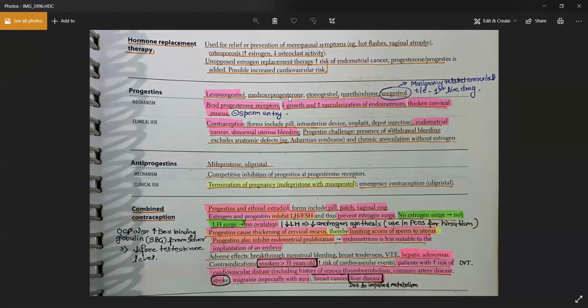You can remember these names by remembering the gestrels, gestrones, and the gestrol. Gestrels are levonorgestrel and etonogestrel. Gestrones are the medroxyprogesterones. Gestrol is megestrol.